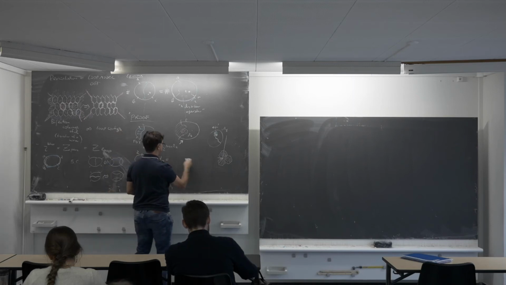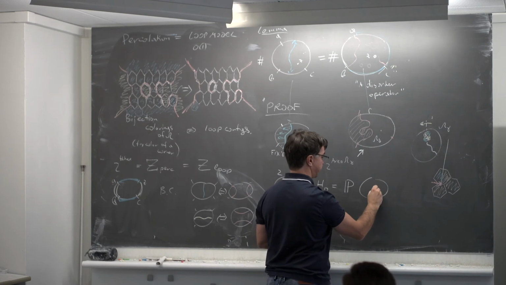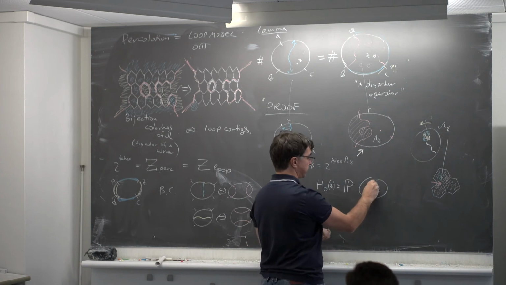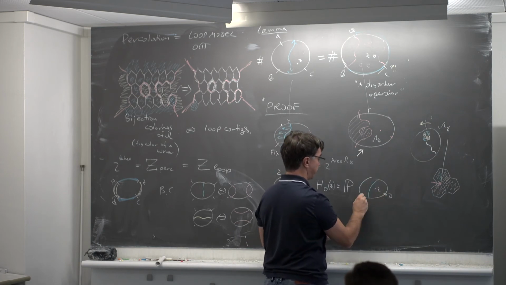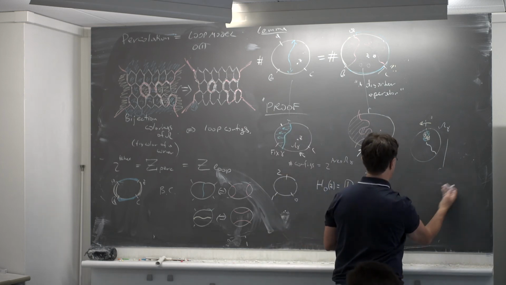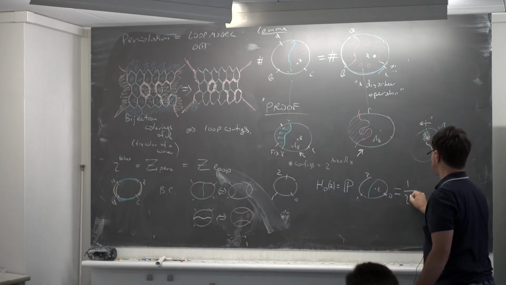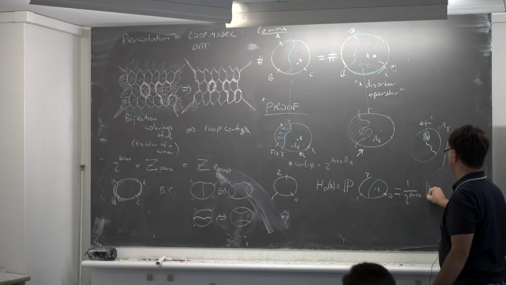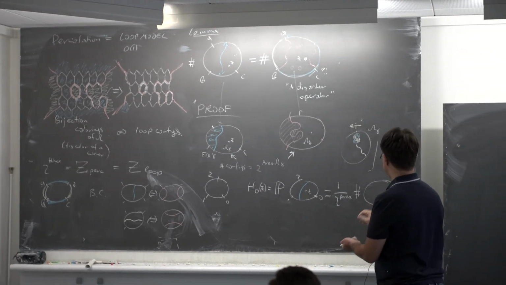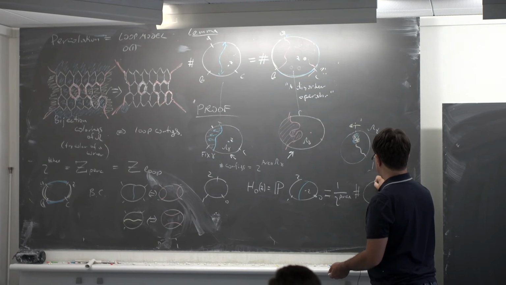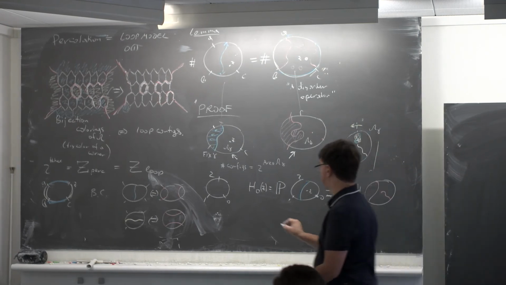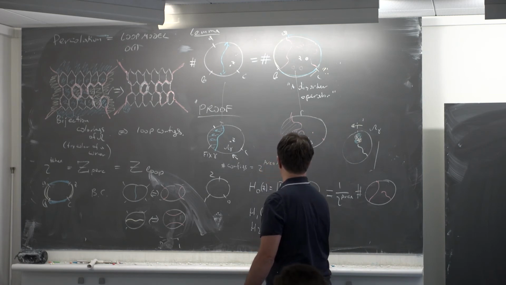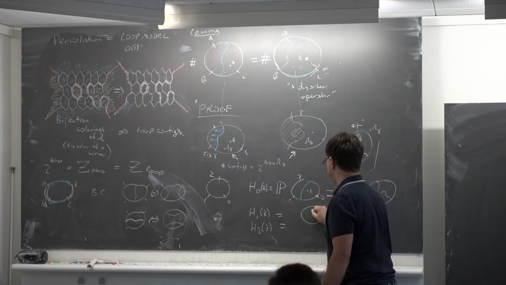H0 of Z is the probability that Z is in one component with 0 and another component is 1, 2. And this is 1 over 2 to the power area, the number of configurations where you have this picture. But then you have similar functions H1 of Z and H2 of Z. So they give you three different pictures.